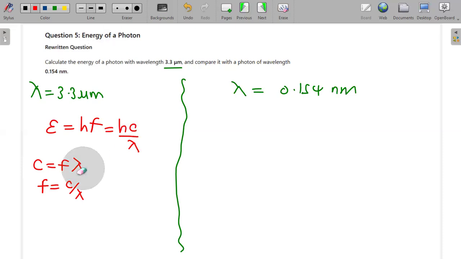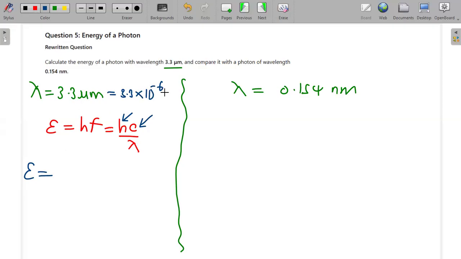So that will be the formula that we're going to use to find the energy, because this one is just Planck's constant, this one is just the speed of light, and we know the values of those, and then these ones will be given. The most important thing, first of all, is to change this wavelength into meters. So this will be equal to 3.3 multiplied by the micro, which is the same as 10 to the power minus 6 meters.